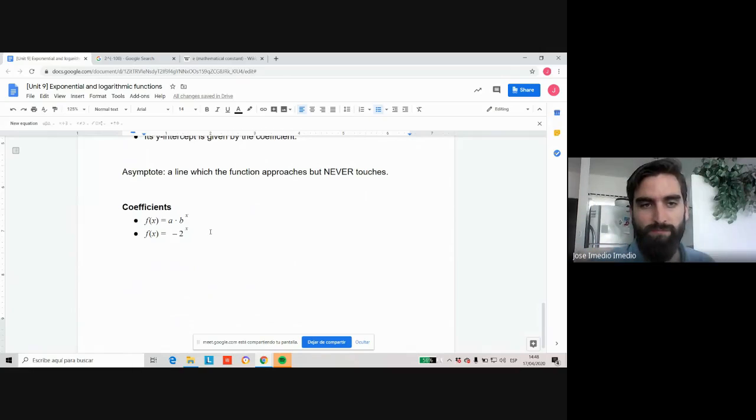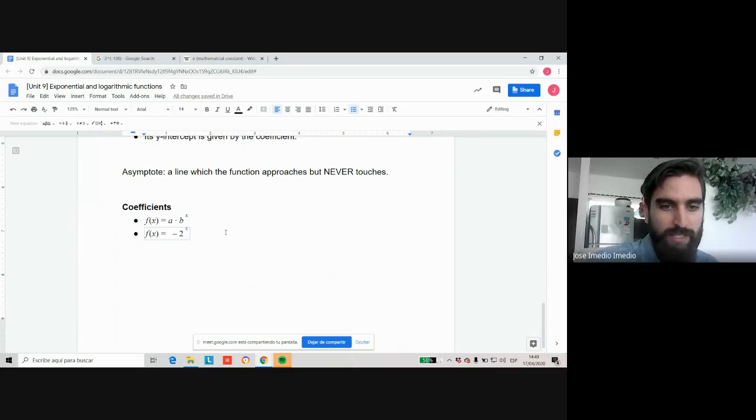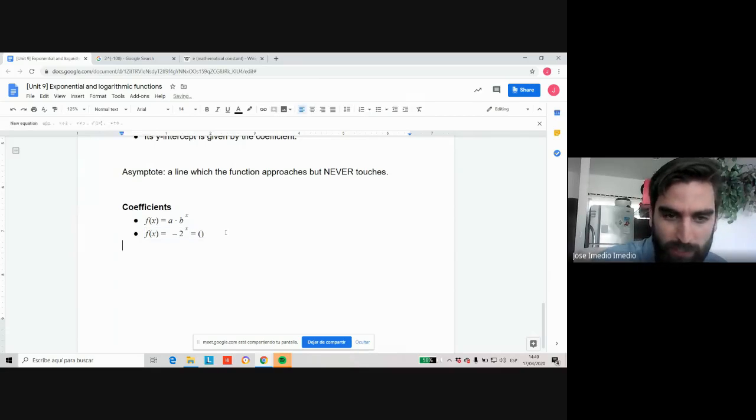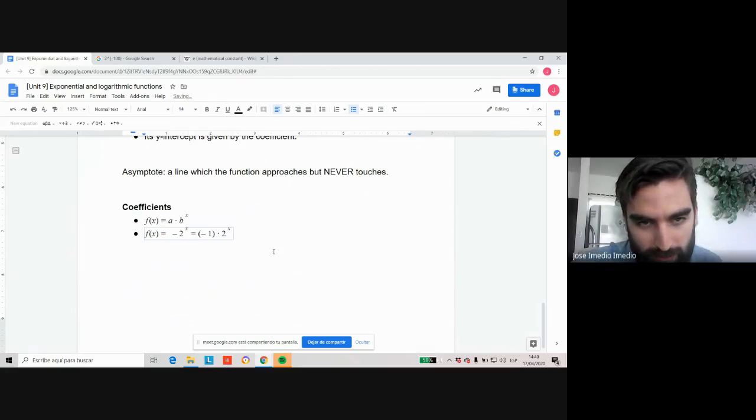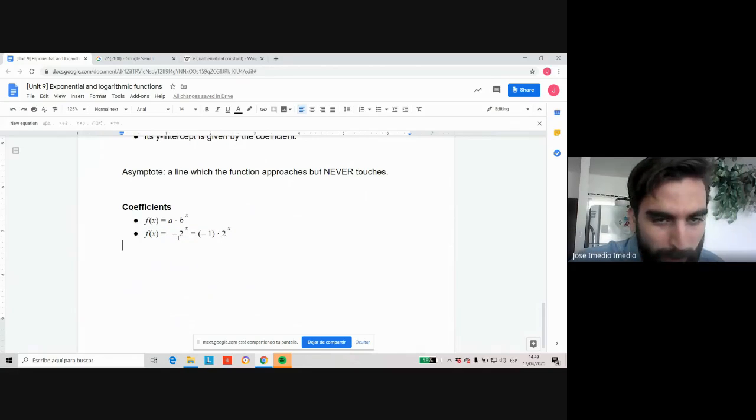Okay, this b is not negative. B is 2. What happens here is that we have a coefficient of -1, which is multiplying this 2 raised to the power of x. But b, the base, is not negative.